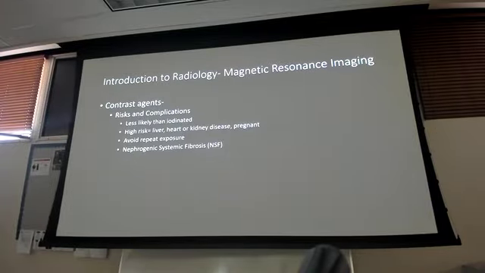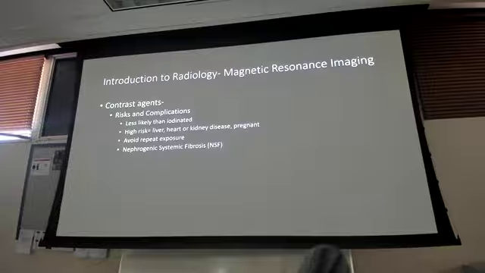The risks of the gadolinium contrast are fairly similar to the IV contrast for CTs, but much less likely. It does not happen very often. High risk if they have liver, heart, or kidney disease, just like the CTs, and if they're pregnant. Do not ever give contrast to a pregnant woman, except in very specific scenarios, which we will talk about in block 2, where you'll get to an algorithm to follow through.